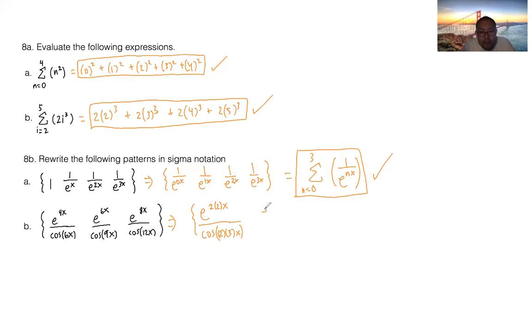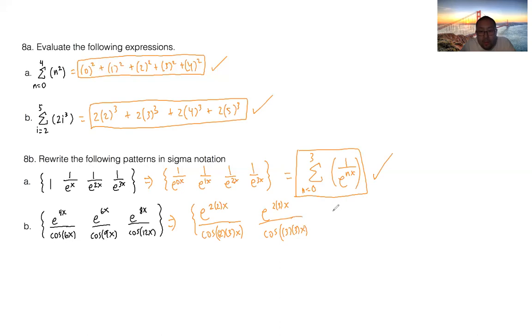The next one down is e to the 2 times 3 times x, all over cosine of 3 times 3 times x.